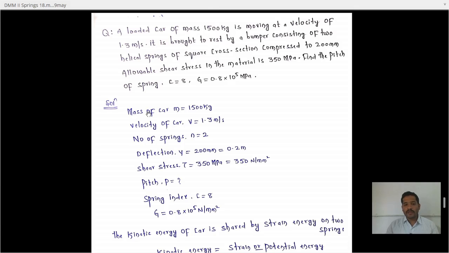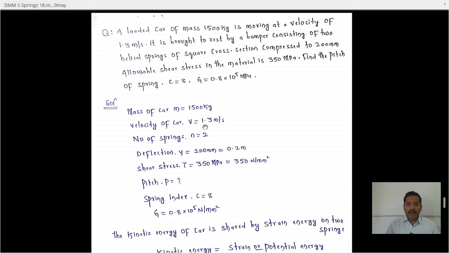The mass of the car m is represented by m equal to 1500 kg, is moving at a velocity of 1.3 meter per second. This car is moving with a velocity of 1.3 meter per second. The velocity of the car is represented by v equal to 1.3 meter per second.